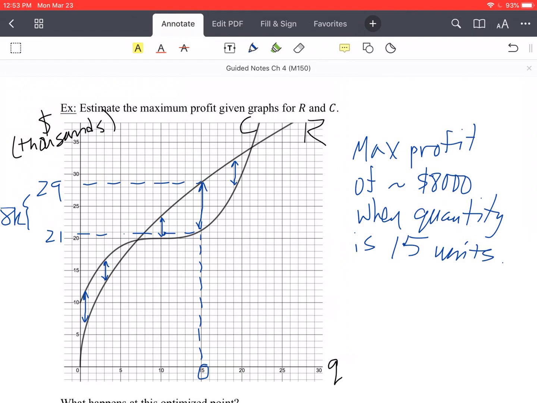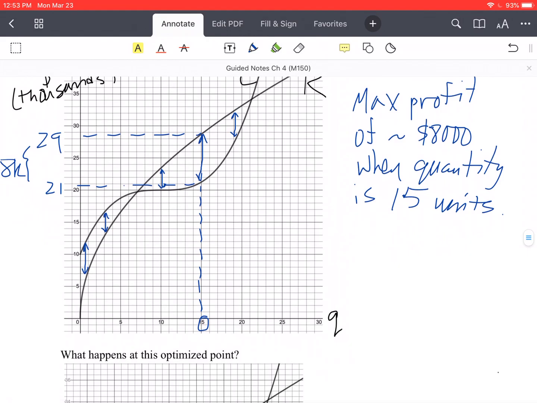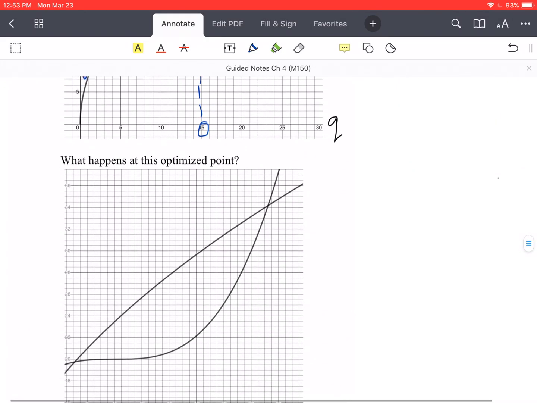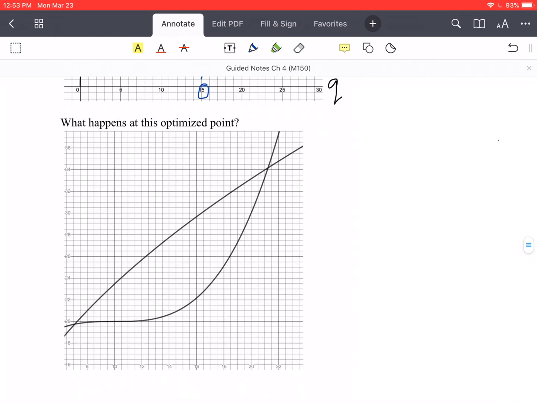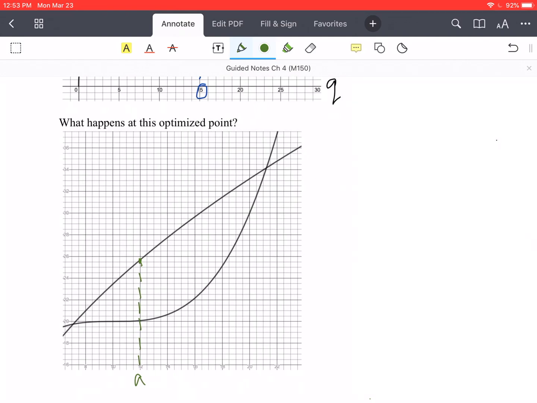Now, this is something, we didn't need any calculus for this, right? We're just looking at the difference between the graphs and when it's the biggest. But I want to look a little more in depth at what actually is happening at this optimized point. So I'm going to have 3 points in question. So this one right here, that's going to be A. We're going to look at these points here.